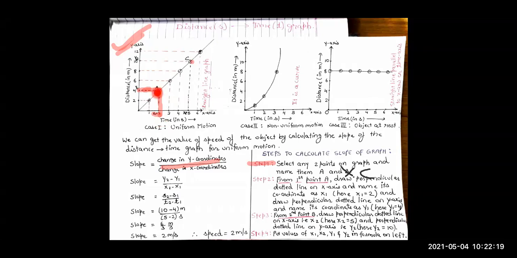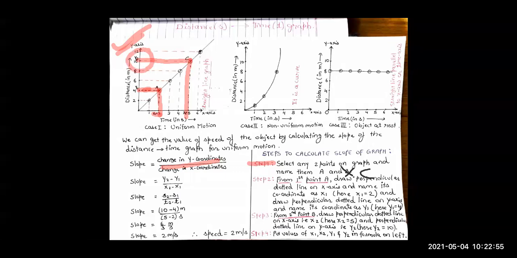And from the same point A, we will draw a dotted perpendicular line on the y-axis and name it y1. Now, same steps for point number 2. From the second point, that is C, we will draw a perpendicular line on the x-axis and call it x2, and a perpendicular line on the y-axis and call it y2.